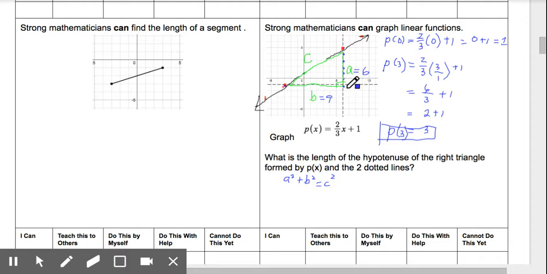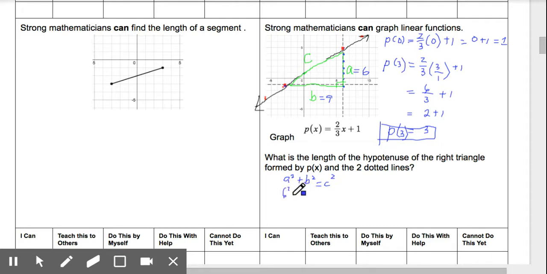Okay, let's double check. So A: 1, 2, 3, 4, 5, 6. Okay, and B is 1, 2, 3, 4, 5, 6, 7, 8, 9. Okay, so now that we know exactly what A and B are, we just plug in.